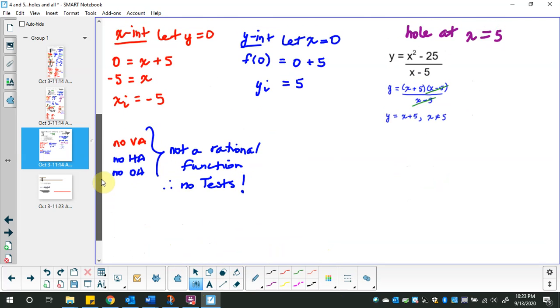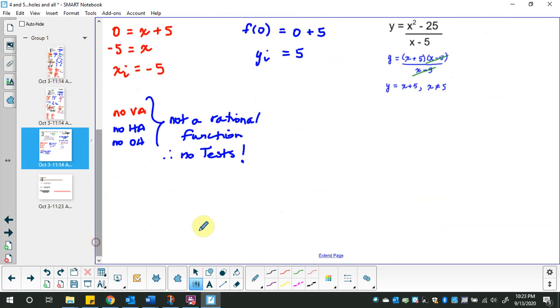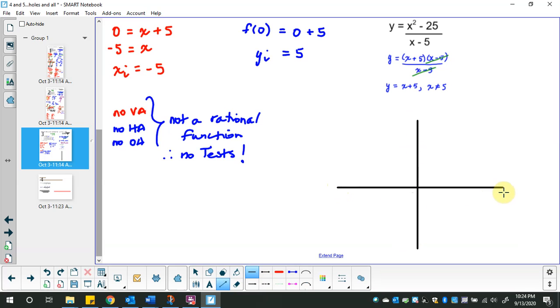And that skips this and this and this. So we've taken care of x-intercepts here, y-intercept here, holes right off the top. So I can sketch this and then move on to domain and range. So I'm pretty excited right now, because what looked like possibly the same kind of question, maybe an awful question to your eyes, isn't.